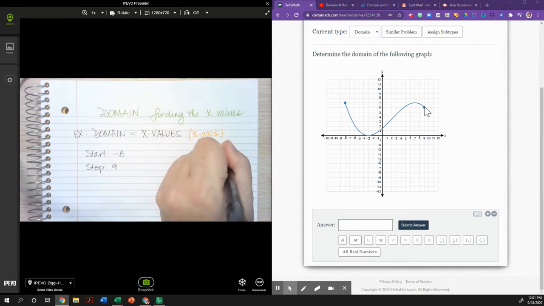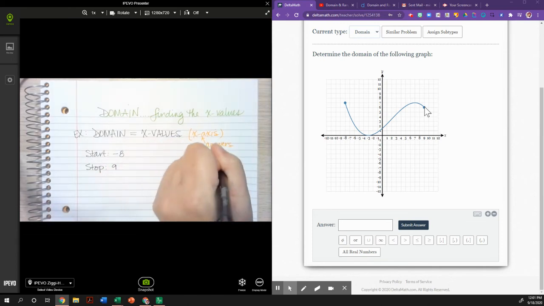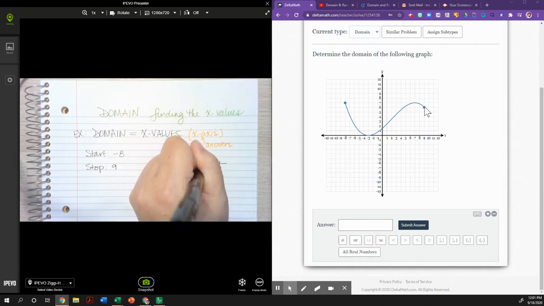If I were to put that on a number line, -8 to 9, everything in between, my graph is associated with it. If I were to say, what happens when x is -6? You would go to -6 on the x-axis, then look up and determine what the value is.